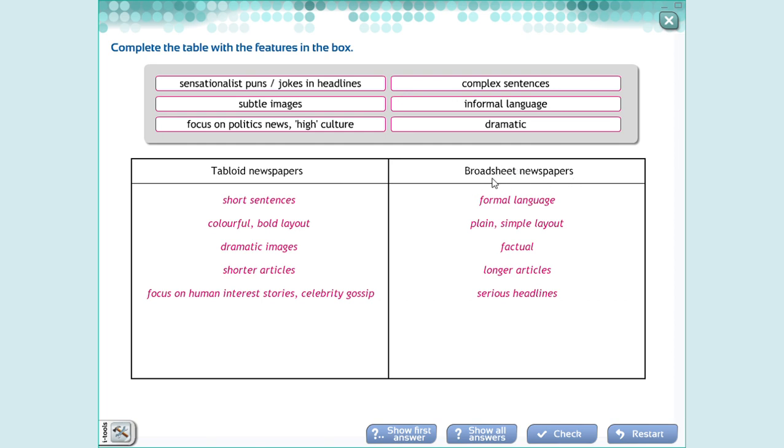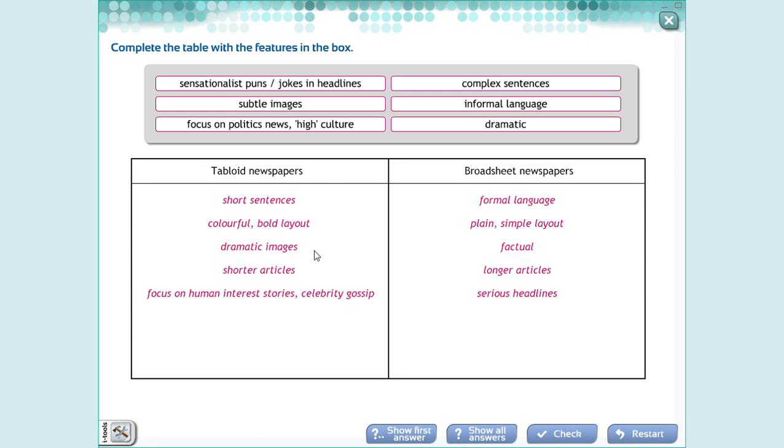This means this is the normal newspaper we know, the huge one, okay? So we can see in the tabloid newspapers characteristics or features such as short sentences, it's colorful, bold layout, dramatic images, shorter articles, focus on human interest stories, celebrity gossip. A good example of a local newspaper we know is this famous newspaper or tabloid in this case.